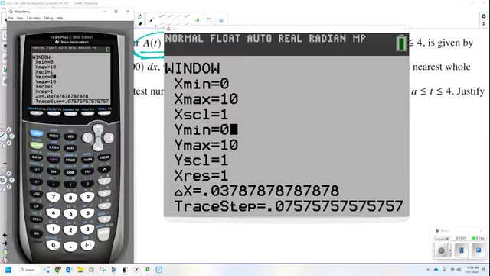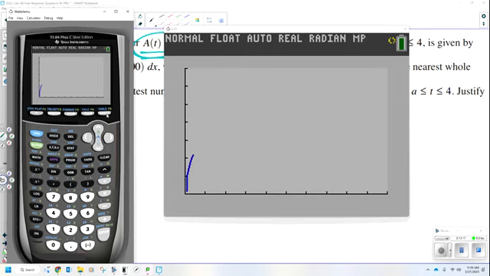Minimum, we'll go to 0. I've got to go to at least 400 on the max, because that's where I'm starting. Let's go 700, and we'll go by hundreds. Let's see if this window's good enough here. Good, perfect.